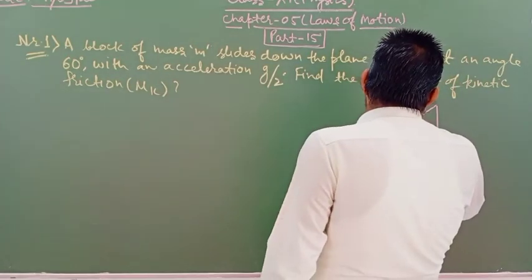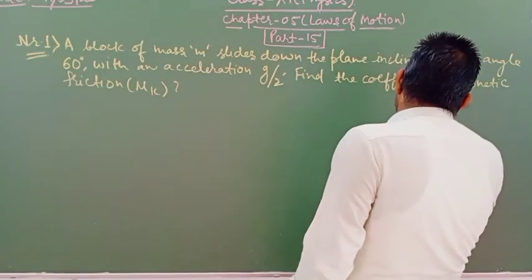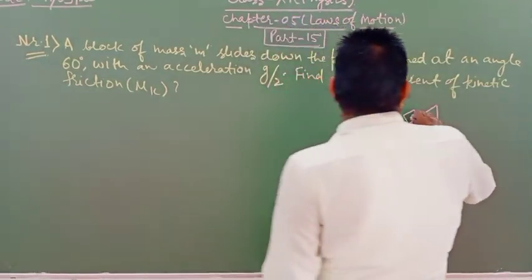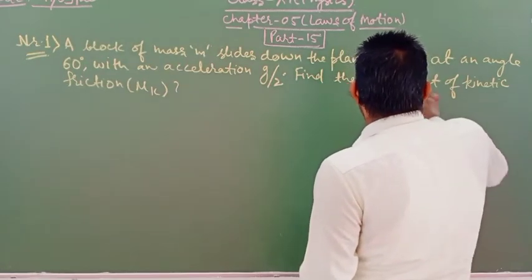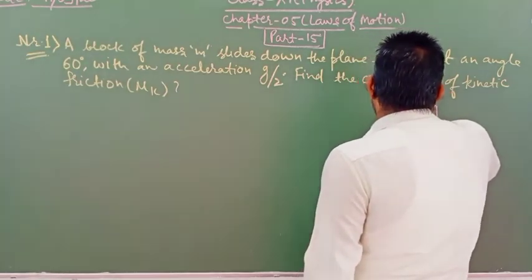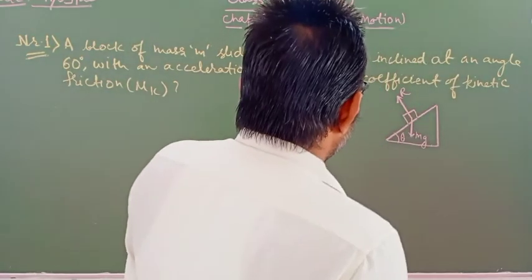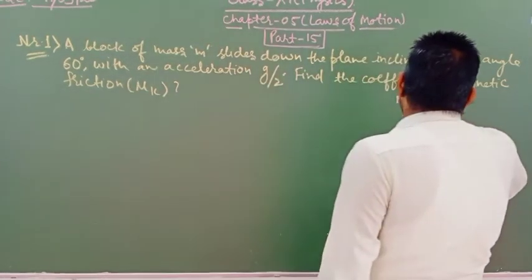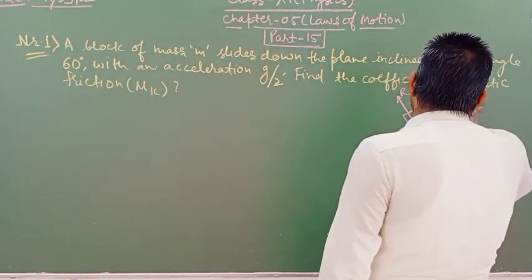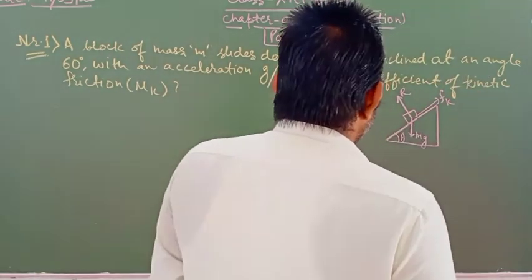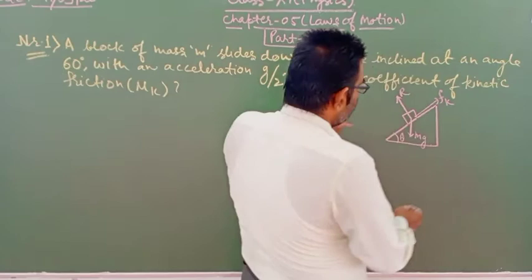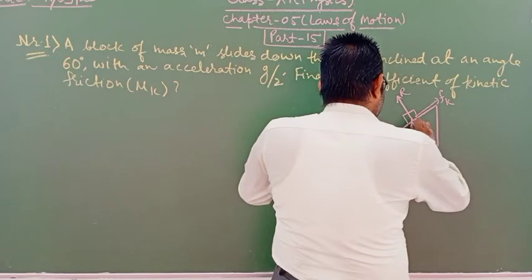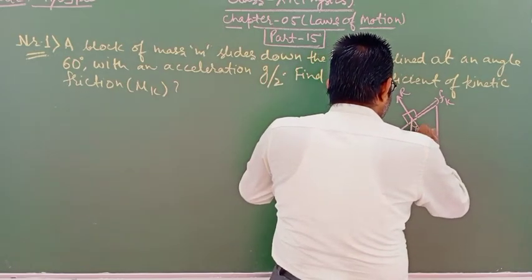So dear students, look here. This is the weight mg, and the normal reaction R acts in this direction, and since the block is moving in this direction, the kinetic friction Fk acts in this direction. Now this angle is theta, so with the vertical it also makes an angle of theta.